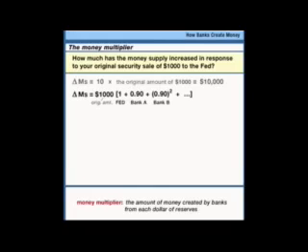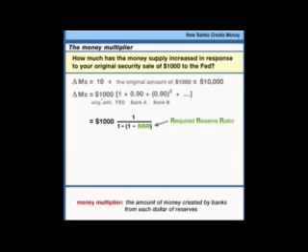It's 1 over 1 minus whatever this term is. In this particular case, it's 1 over 1 minus the fraction that banks are allowed to lend. And the fraction that banks are allowed to lend is 1 minus the required reserve ratio. In our case, the required reserve ratio is 10%, so the fraction that banks are allowed to lend is 90%.